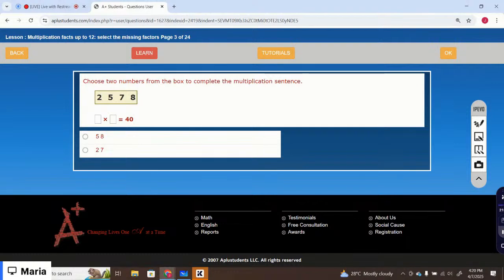So choose two numbers from the box to complete the multiplication sentence. Which two numbers have the product 40? That is 8 times 5 is 40. Option number 1 is the correct option.